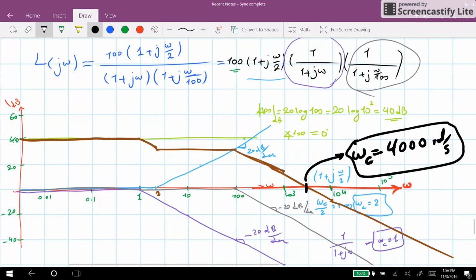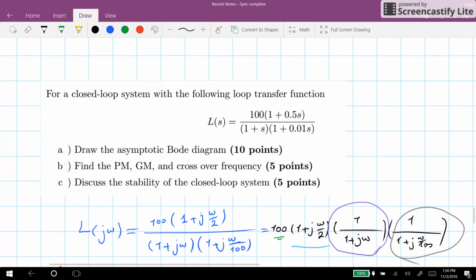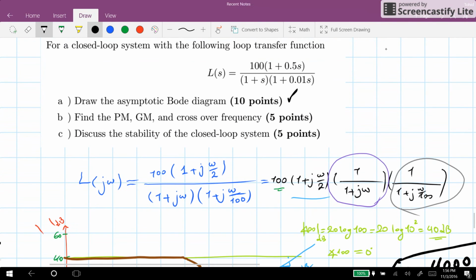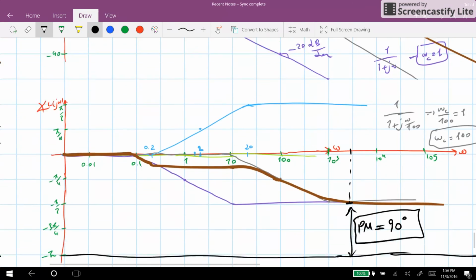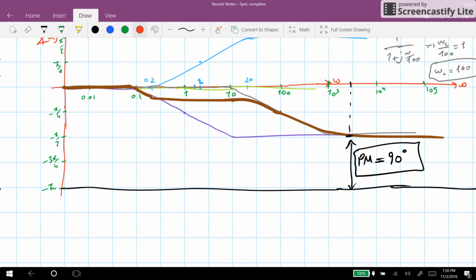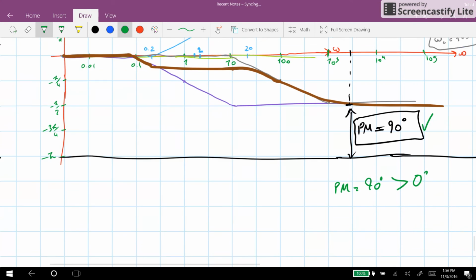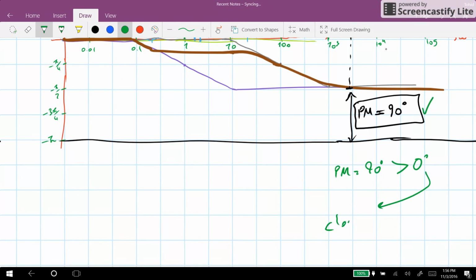So we have phase margin, gain margin, and crossover frequency. We are done with the first part. We are done with the second part. We just need to discuss the stability of the closed loop system, and that's easy now to talk about, because we have phase margin equal to 90 degrees, which is bigger than 0, and as a result the closed loop system is stable.